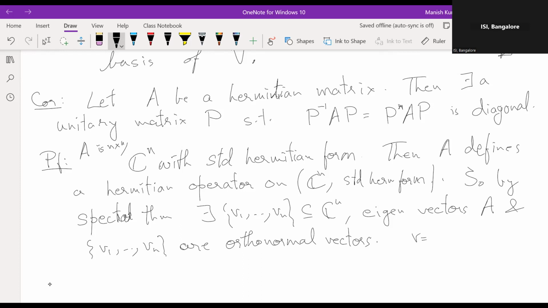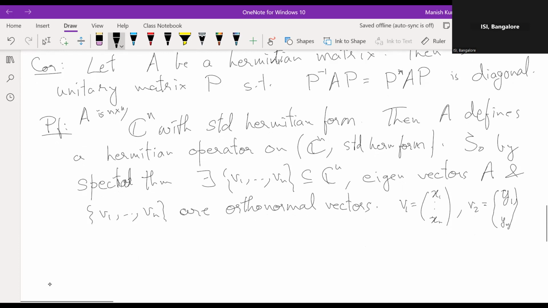So what does it mean? If V1 is X1 to Xn, and V2 is Y1 to Yn, then what it means is that summation Xi bar Yi is 0, i equals 1 to n.